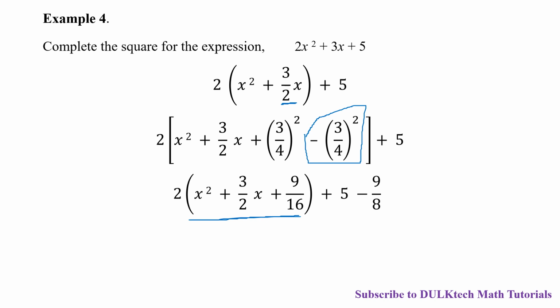So from what we have seen in the previous examples, it is this x, the squared parts, this x and 3 over 4. So we are just enclosing x and 3 over 4 into the brackets, and we raise it to the power 2 like this. And if we simplify 5 minus 9 over 8, you find 31 over 8.